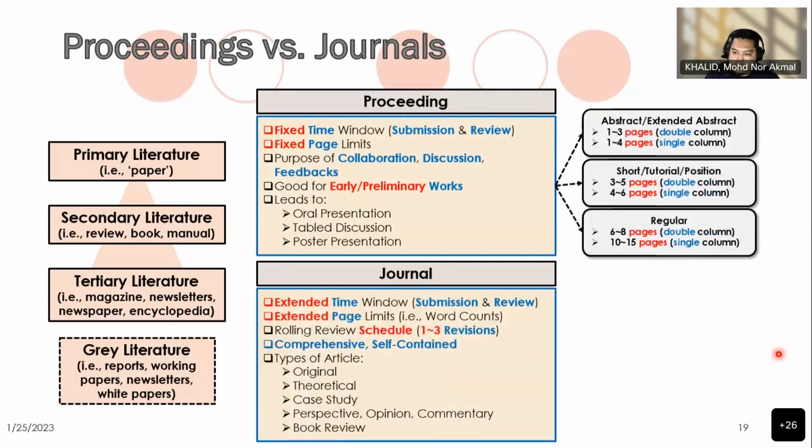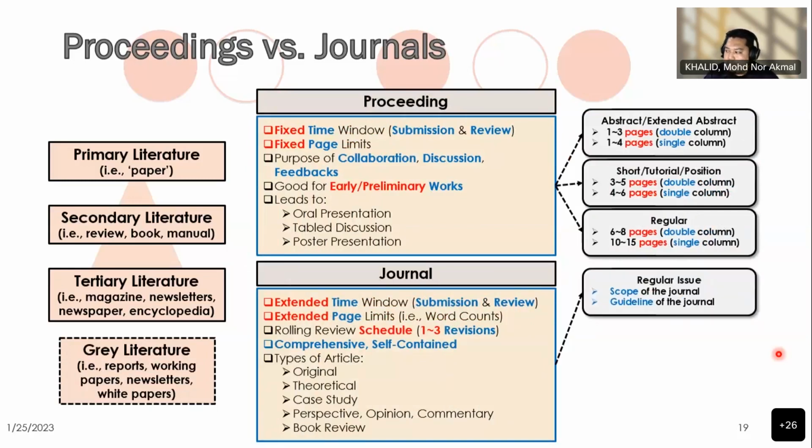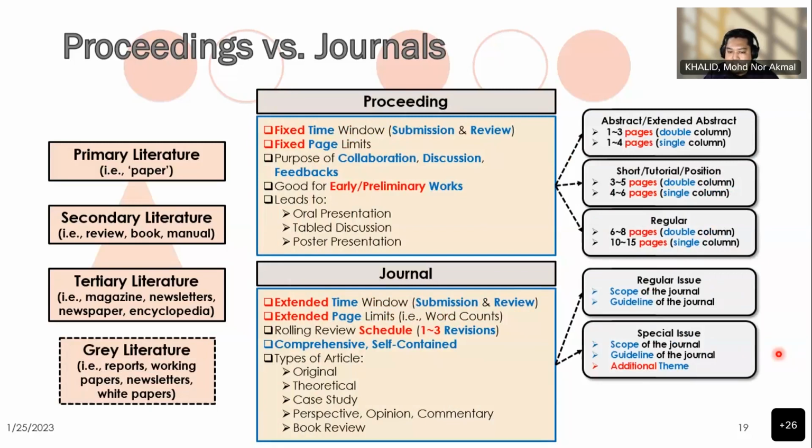Because you already know all these differences, the main thing here is that you have regular and special issue. Regular is when the journal publishes usually a certain number of times depending on their regular rolling schedule.